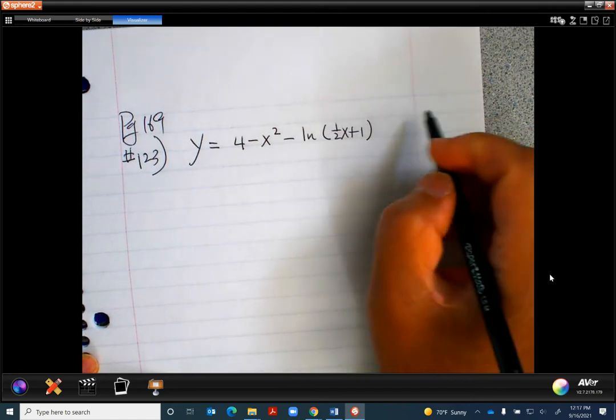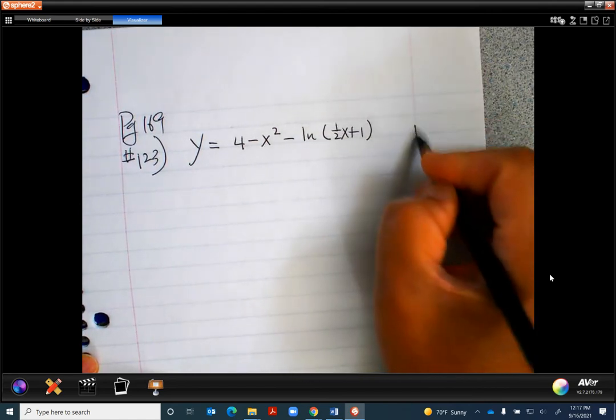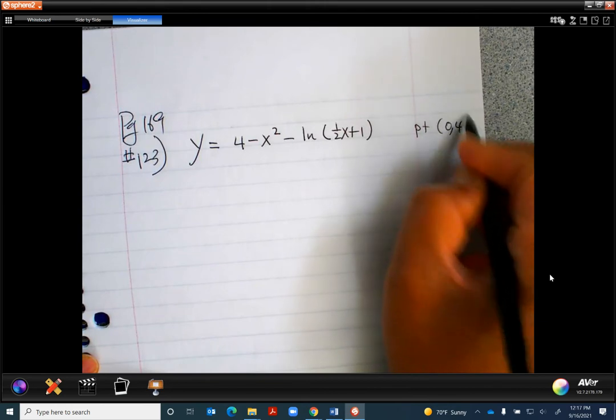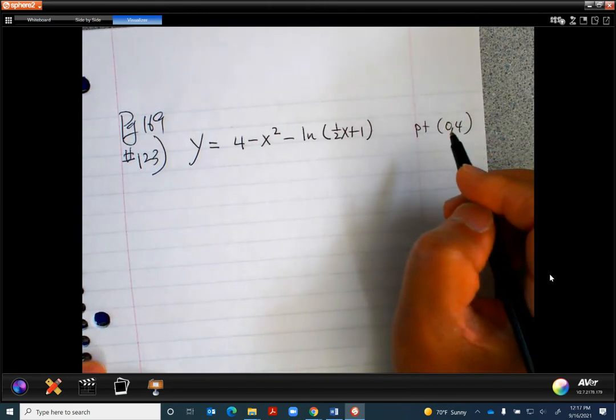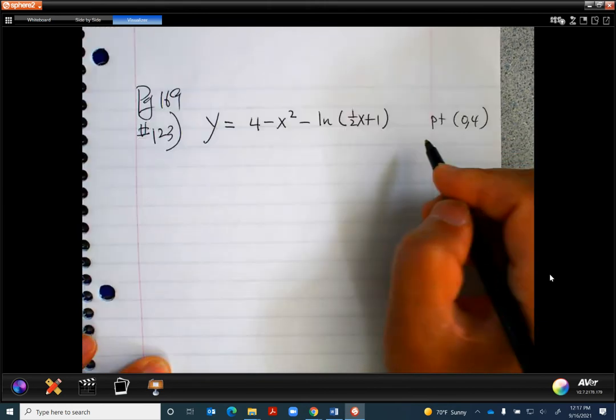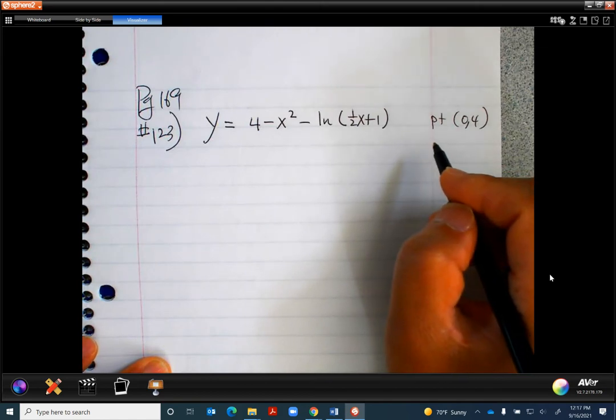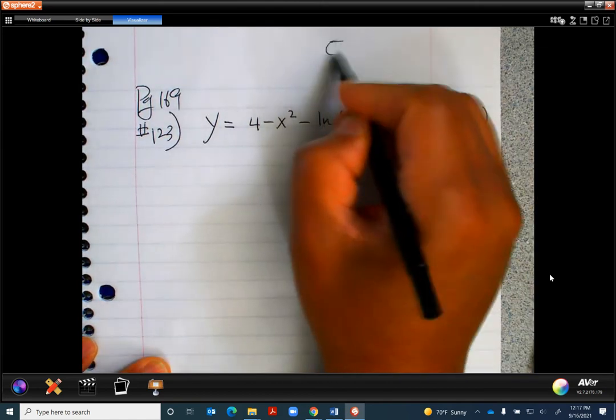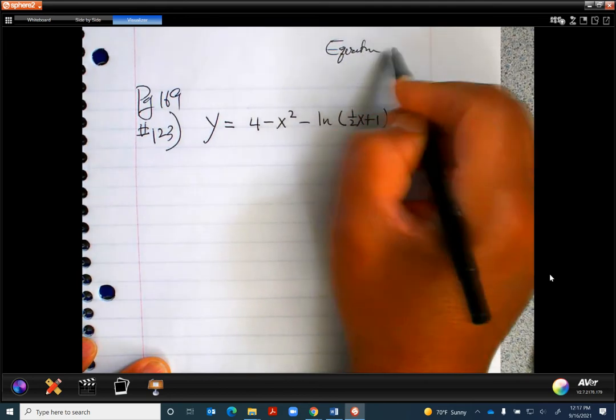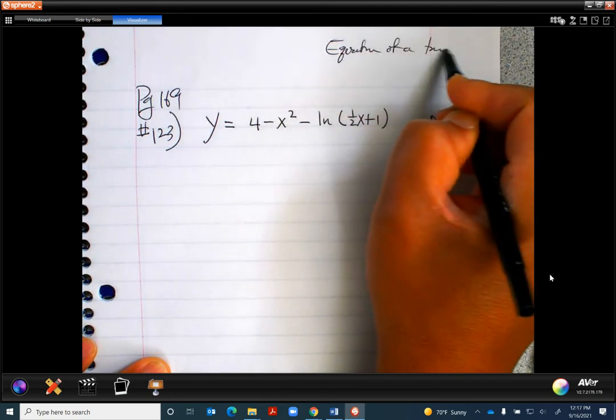And then we have a point at (0, 4). All right, read the direction. What does it say? What do you want to find? We need to find the equation of a tangent line.